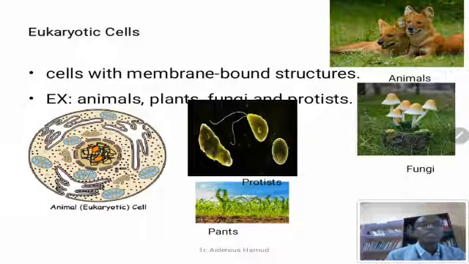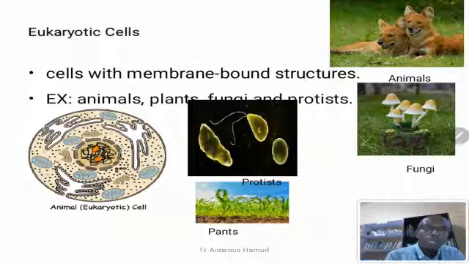On the other hand, eukaryotic cells are cells with membrane-bound structures. Eukaryotic cells can be animals, fungi, protists, or plants. One of the major differences between prokaryotic cells and eukaryotic cells is that eukaryotic cells do have a nuclear membrane, as you can see here. The nuclear membrane separates the nuclear material from the cellular material.